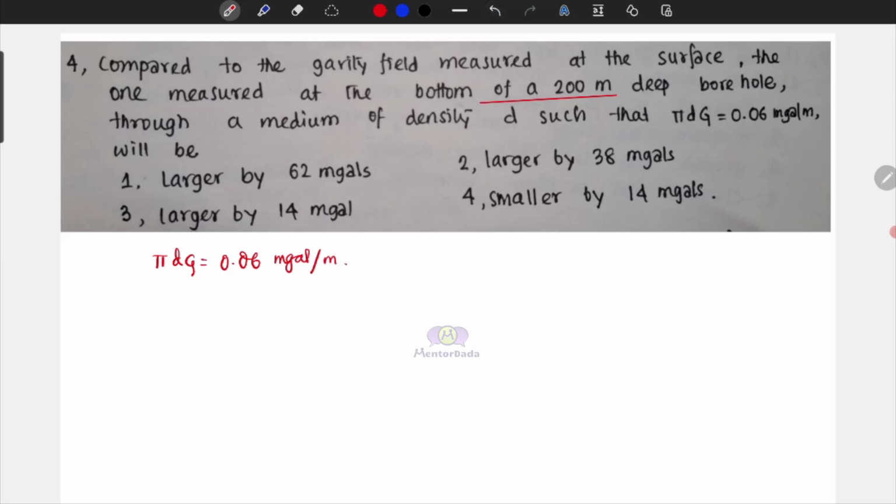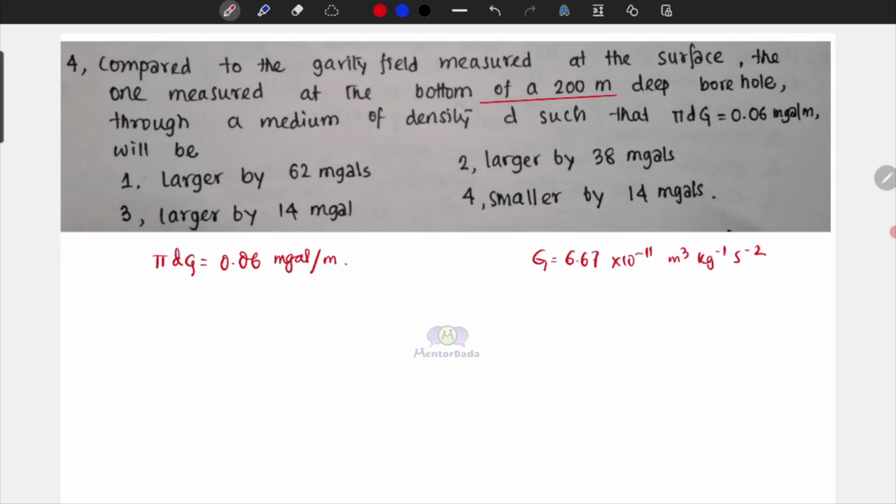So you don't know the density, but you know the value of G. The value of G is 6.67 into 10 to the power minus 11 meter cube kg inverse second to the power minus 2.